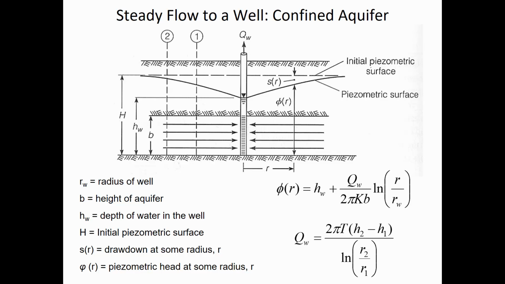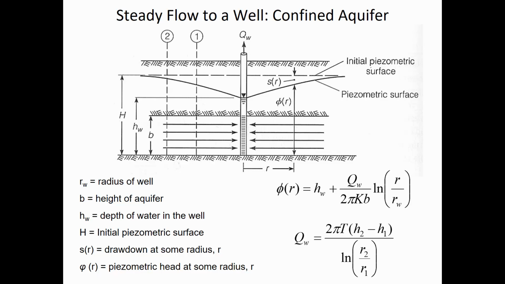But then when we turn on the pump, it'll take a few minutes or hours to achieve equilibrium, but once it does, then we have this piezometric surface. And the piezometric surface isn't actually the physical height of the water. The water, remember, still isn't going any higher than this upper confining layer.